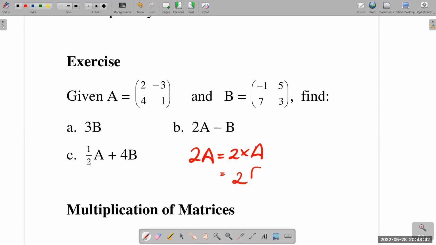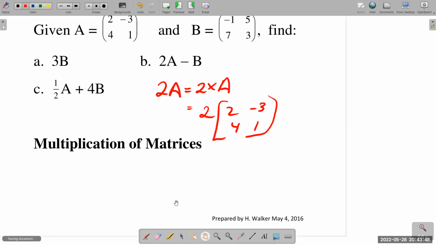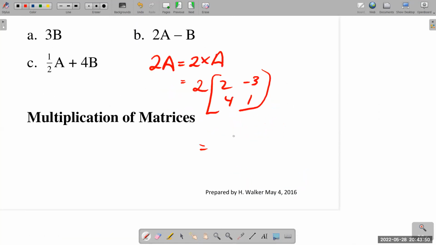So quick revision, 2, negative 3, 4, 1. What is this equal to? This is going to be equal to 2 times 2, 2 times negative 3, 2 times 4, 2 times 1. And everybody should know how to multiply that out.